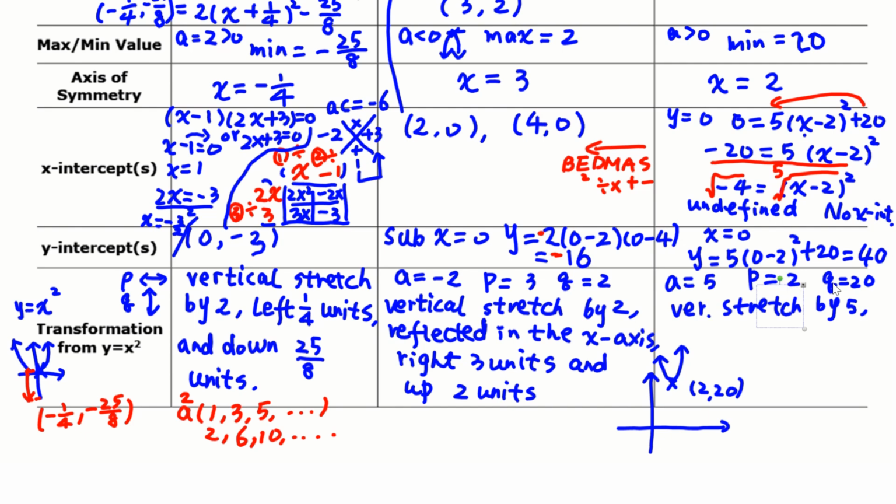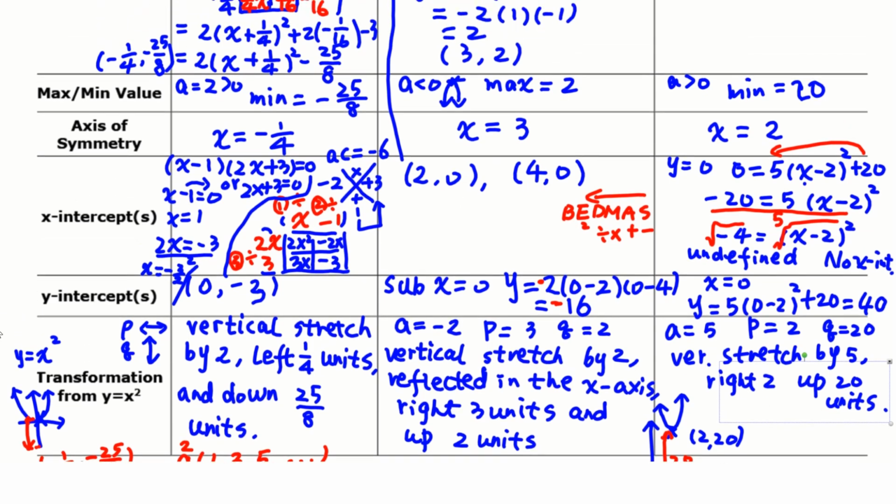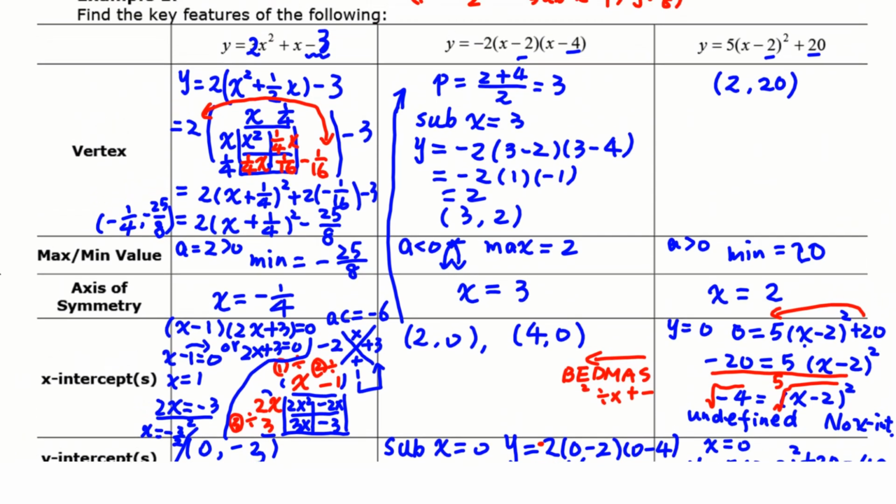Then left, right, up, down: positive, so right 2, up 20 units. And you could see from here, from (0, 0) it is right 2, up 20. So that is a review of how you convert from standard form to factor form to vertex form.